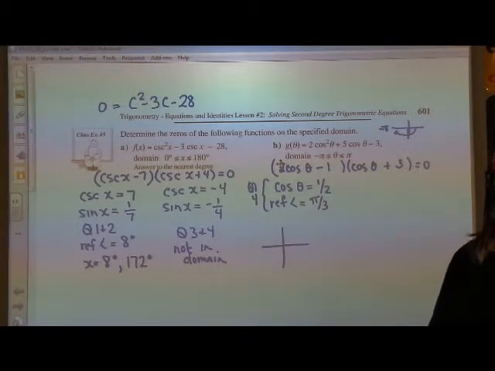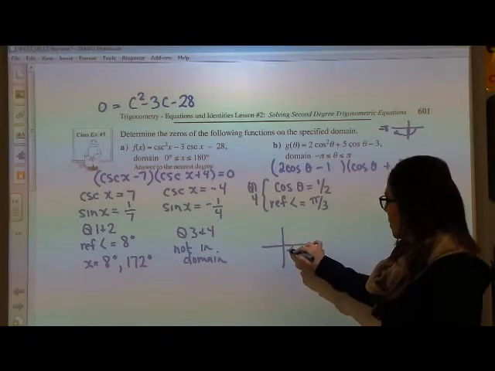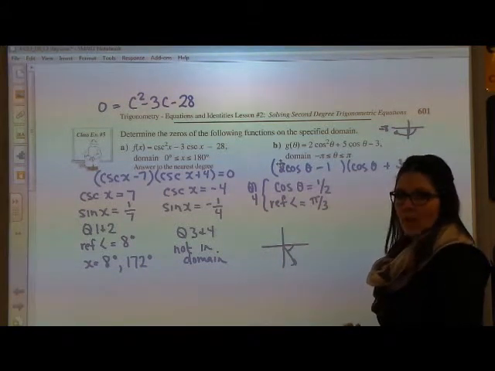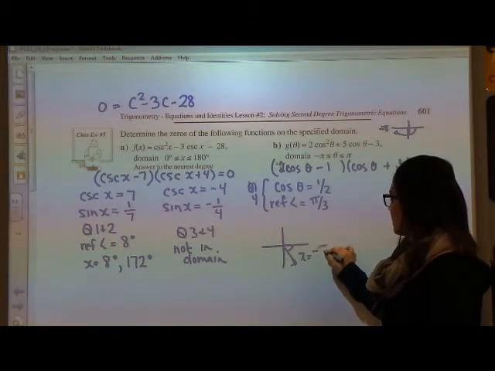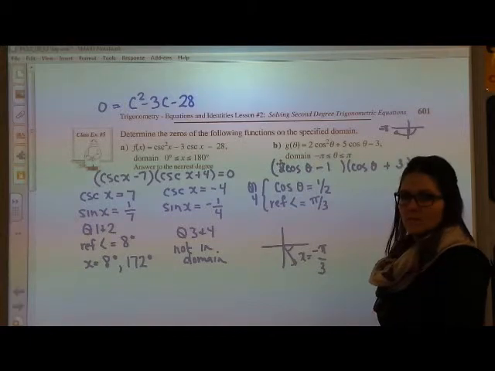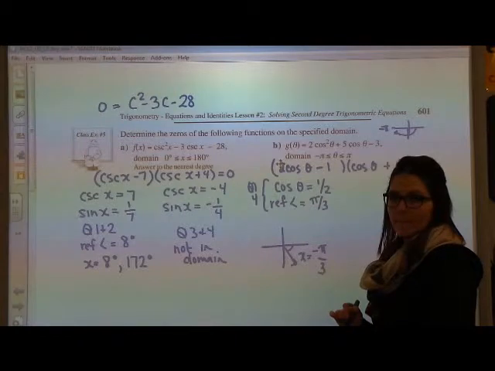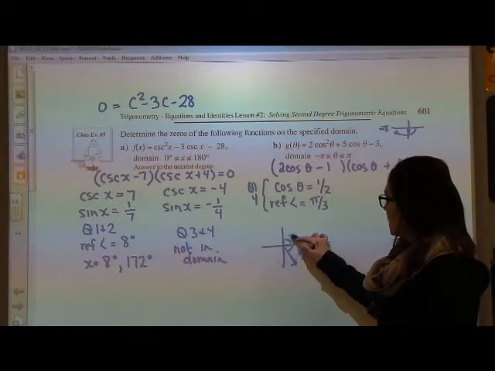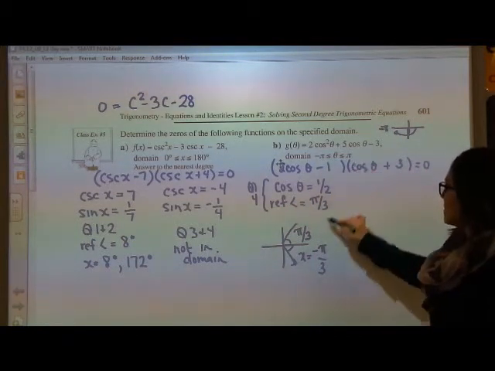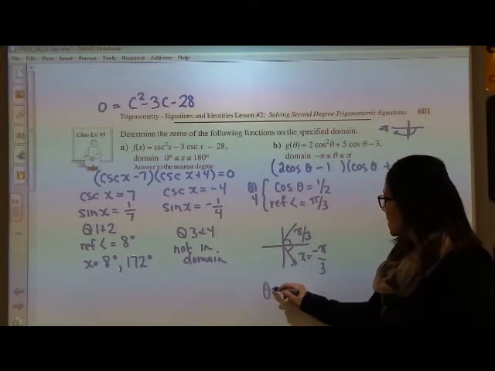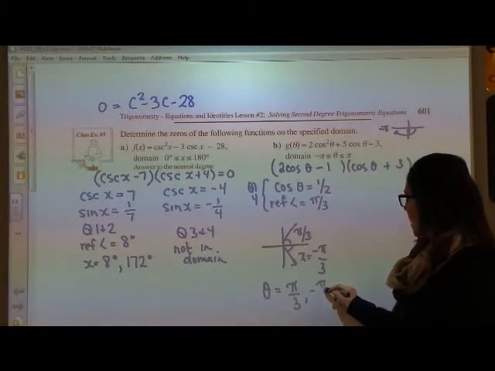Only this time, instead of going from here to there, I'm going backwards. So I would end up with a negative pi over 4. Or sorry, negative pi over 3. That's what it would look like in quadrant 4 because of where my domain is. And then in quadrant 1, I have my pi over 3, which is between 0 and pi. So my two solutions would be that theta can equal pi over 3 and negative pi over 3.